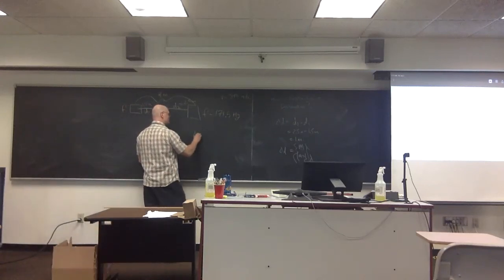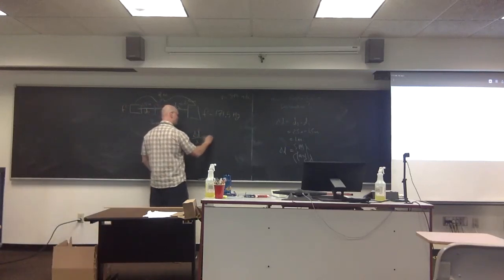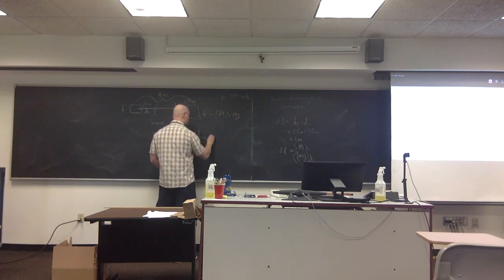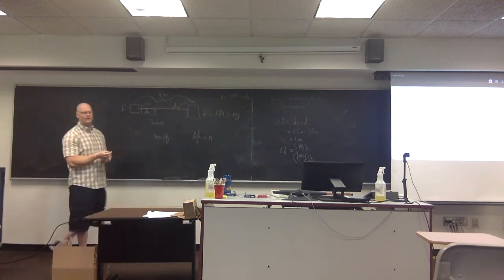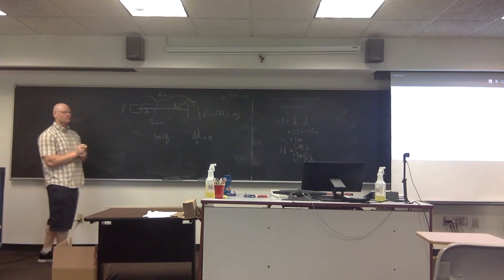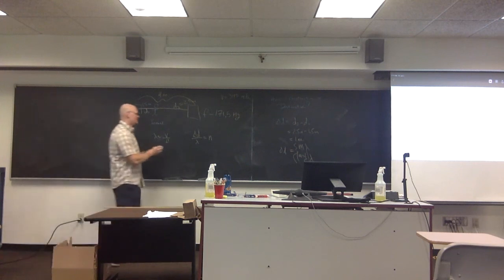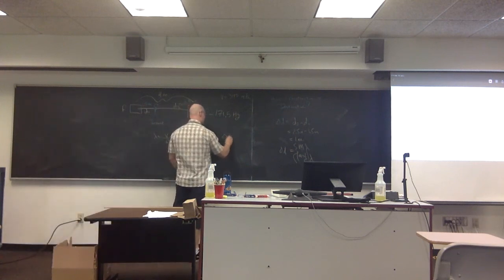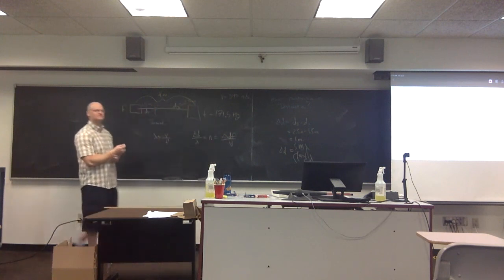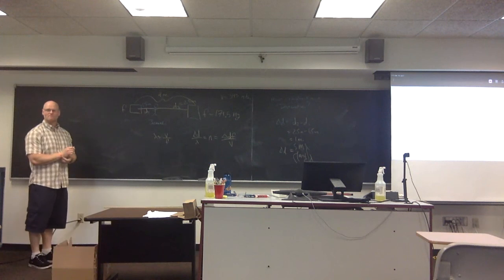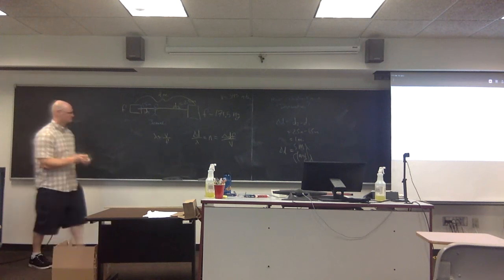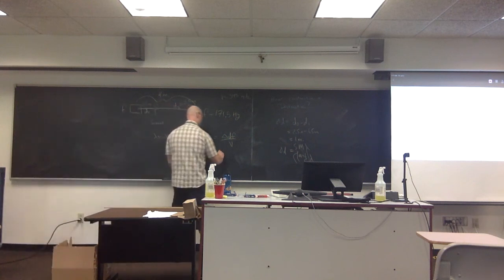So what we want then is the path length difference divided by the wavelength, and that's going to be equal to some number, I'm going to call that n. We want to know, is n an integer or is it a half integer? Good. So this is going to be equal to the path length difference times the frequency divided by the velocity. Okay? Good.